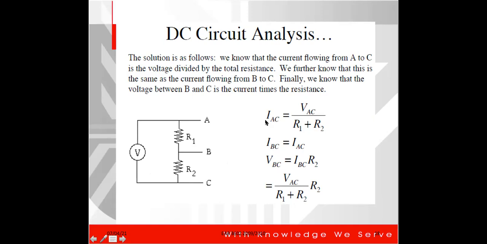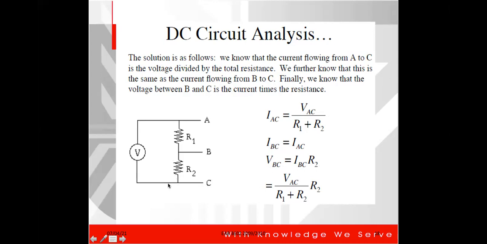So to get I, you have to divide V over R. So IAC is equal to VAC over the total R, R1 plus R2. So IBC is equal to IAC. Now we want to know what V across B and C is. To get V across B and C, you need to use Ohm's law: V is equal to IR.